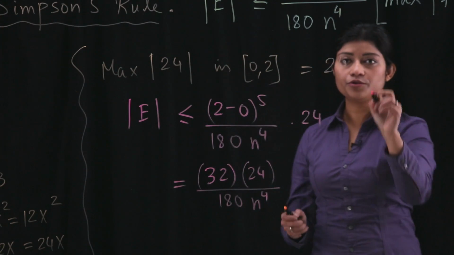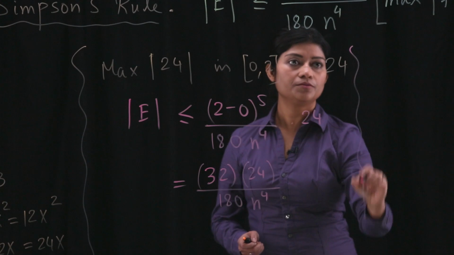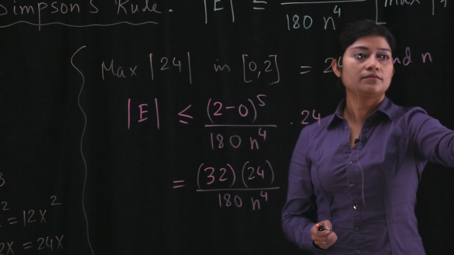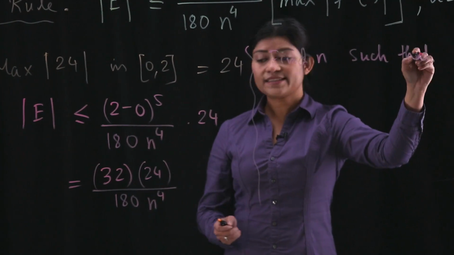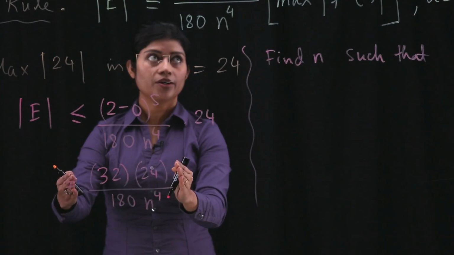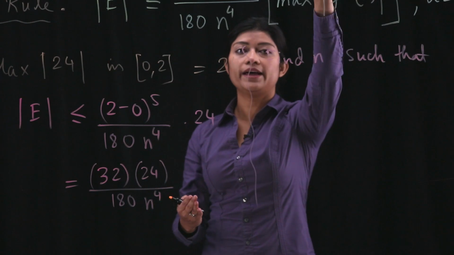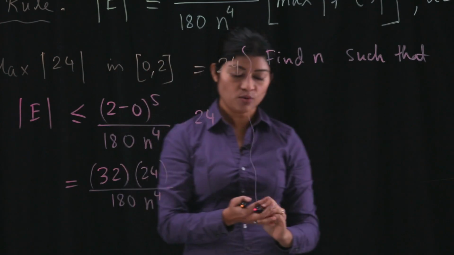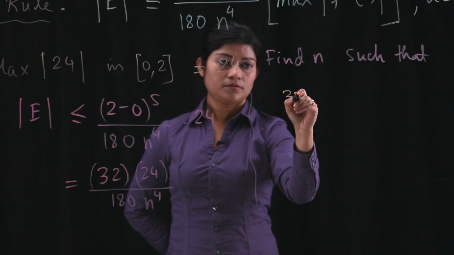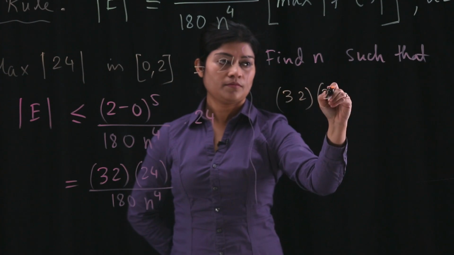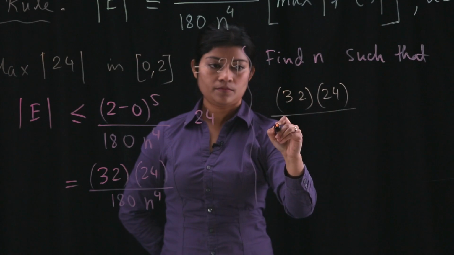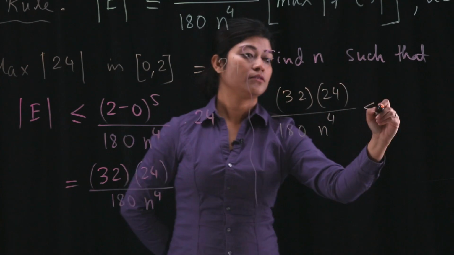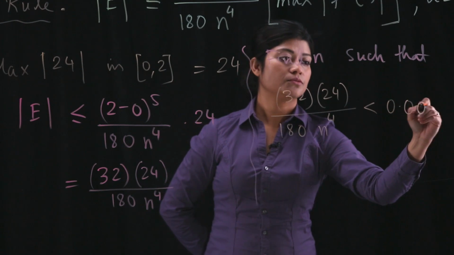So remember what we want to do: we want to find n such that this expression for error is smaller than the given value, so such that this entire quantity is less than 0.0001.